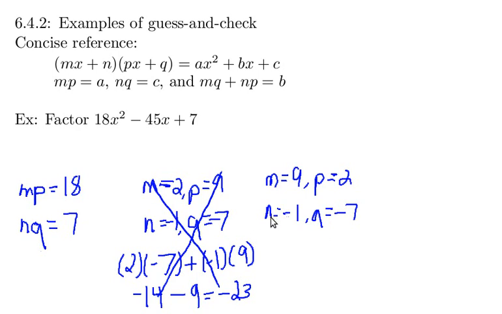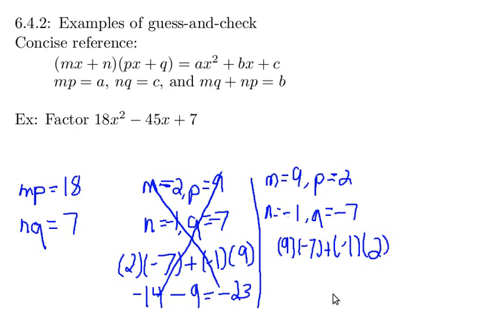Okay, like I said, this is going to be a long one, so just bear that in mind. So this is a different trial. So 9 times negative 7 plus negative 1 times 2. This is going to be negative 63.